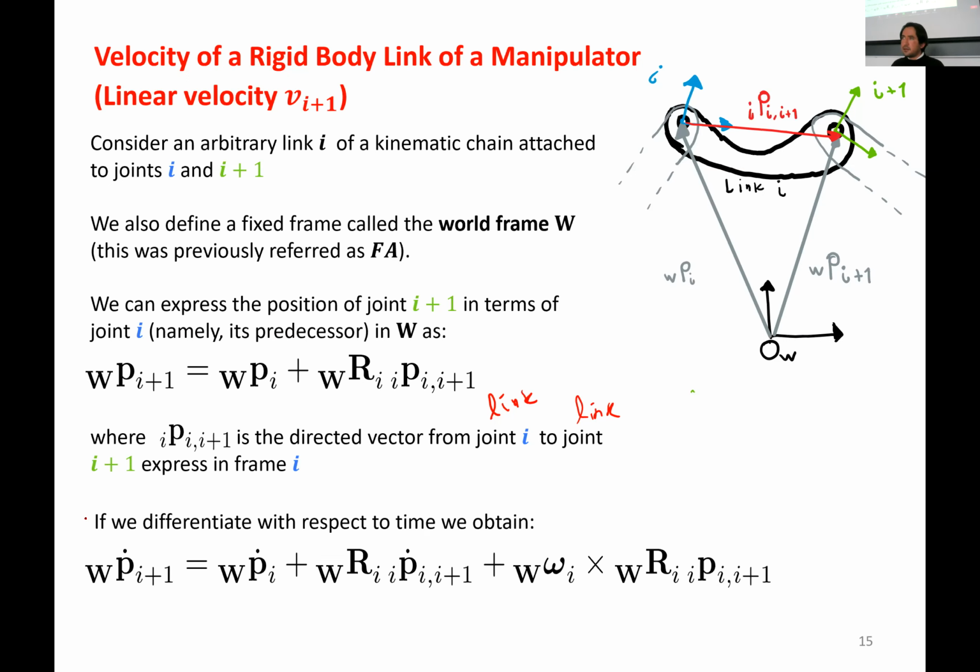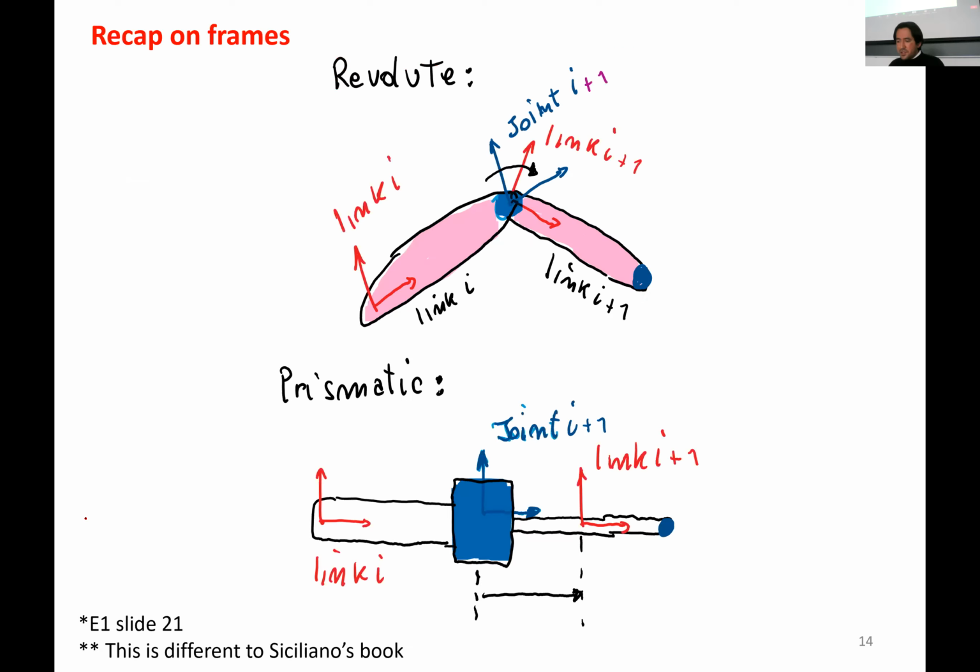I to y plus 1 from I plus 1. Yes. Let me show you the previous slide. So we're talking about linked frames. There's the joint frame, which is the blue one. I'm colorblind. And then there's also the link frame.